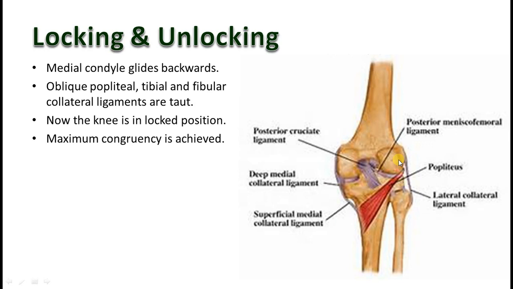It is actually called the locking mechanism or the screw home movement. So in a screw home movement, the joint is safe. So I will tell you the main things again, repeat during the locking mechanism. Since the lateral condyle is shorter and stout, the antero-posterior length is smaller. It is completely used up before the medial condyle reaches its maximum congruency.